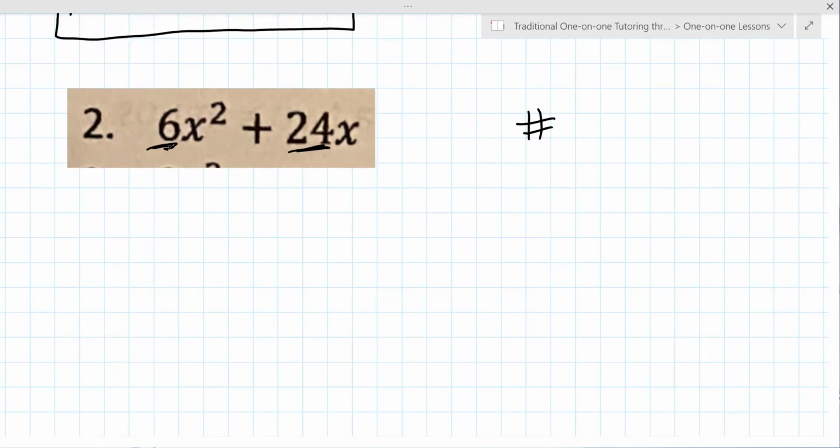All right. What number goes into both 6 and 24?